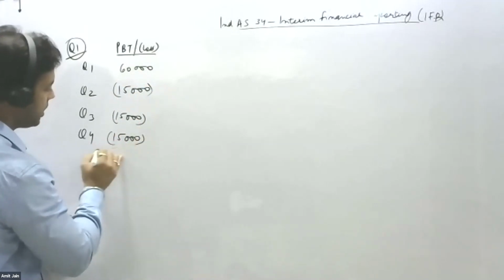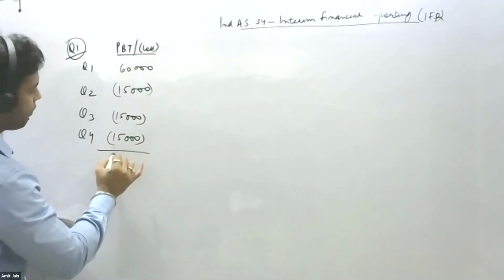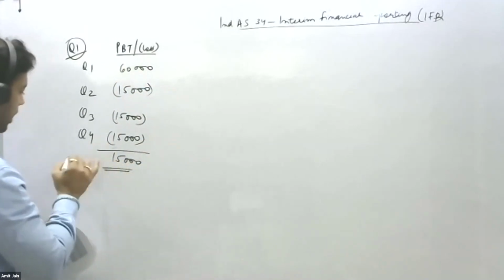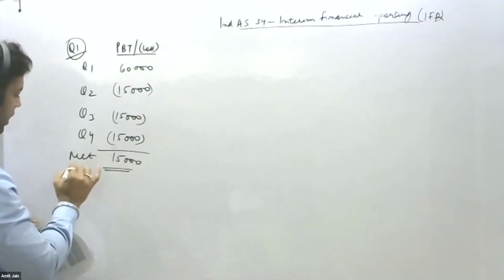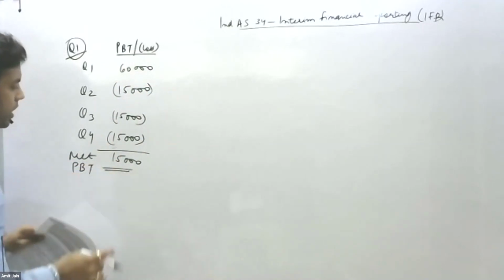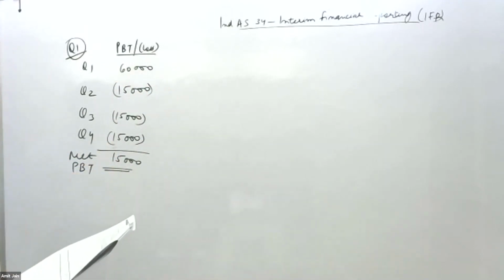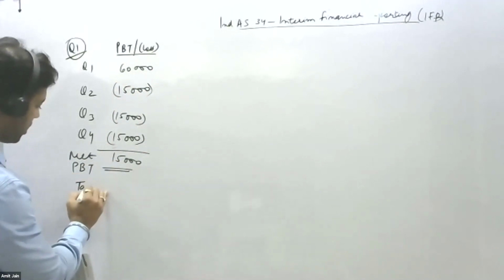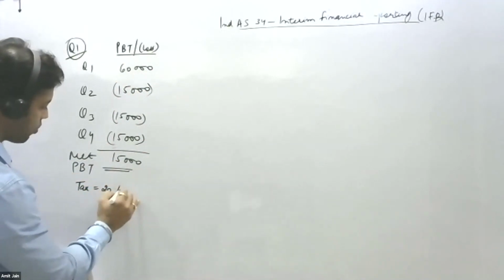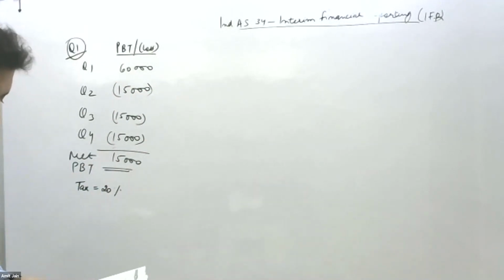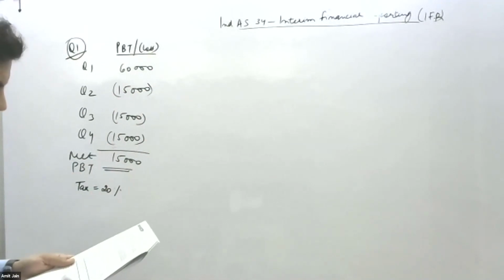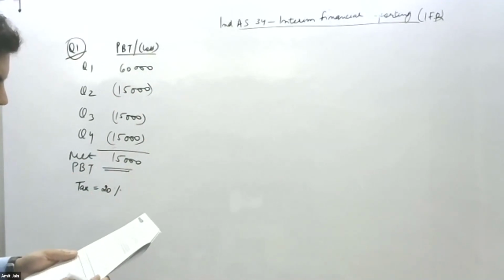That means there is a net profit of around 15,000, the net PBT for the entire year. It has a corporate tax rate of 20% on the first 20,000 rupees of annual earnings and 40% on any additional.